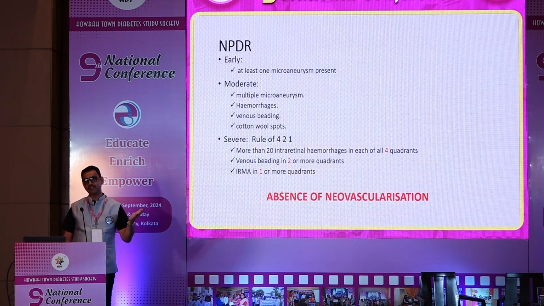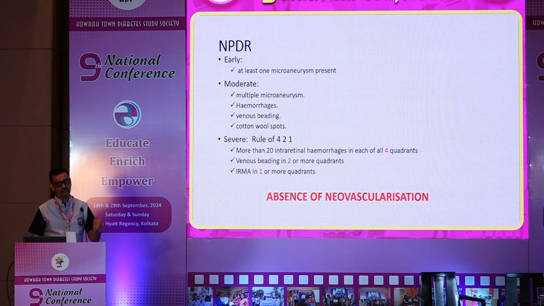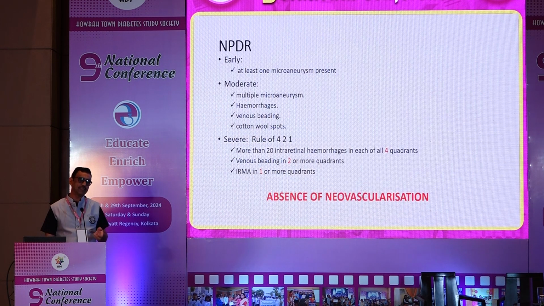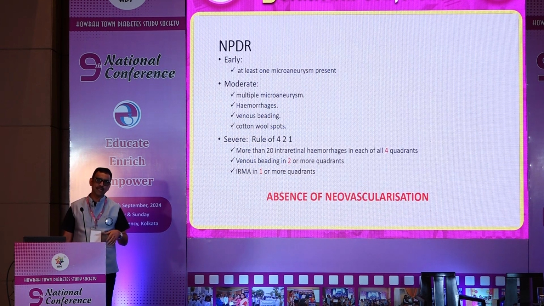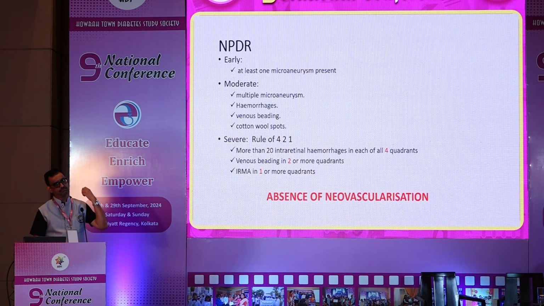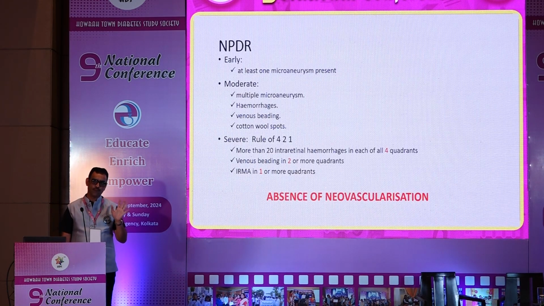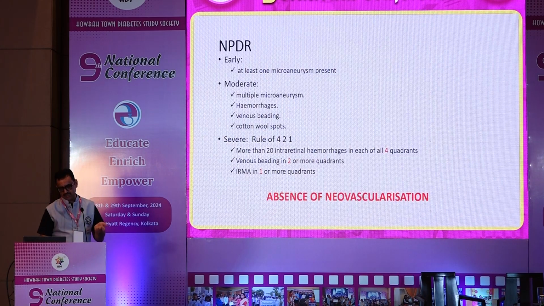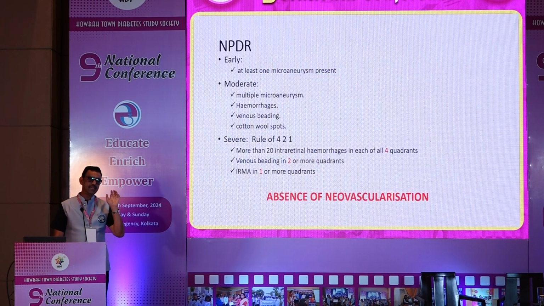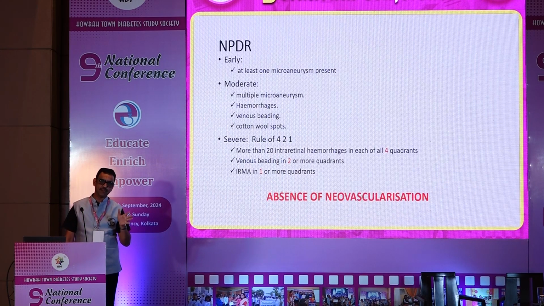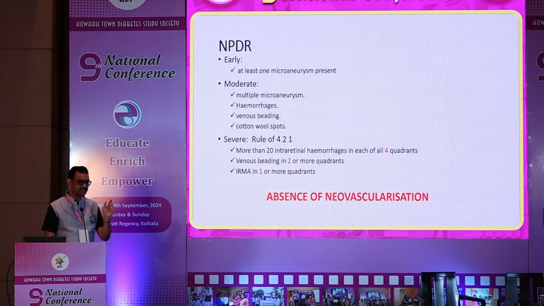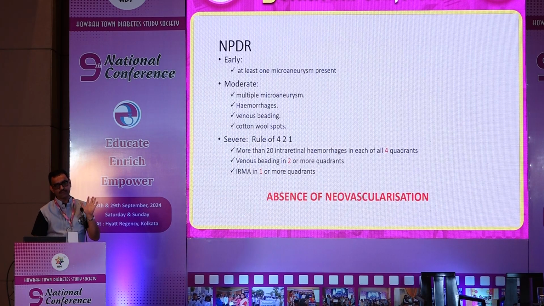Now we come to severe non-proliferative diabetic retinopathy, where you can use the rule of 4-2-1. The 4 is more than 20 hemorrhages in all 4 quadrants. The 2 is venous beading seen in 2 or more quadrants, and the 1 is IRMA, or intraretinal microvascular abnormality, seen in any one quadrant.